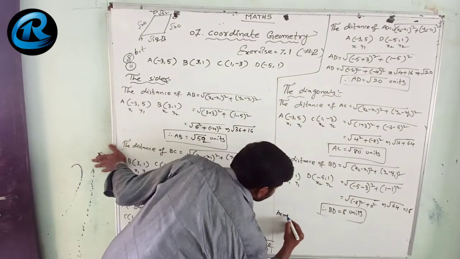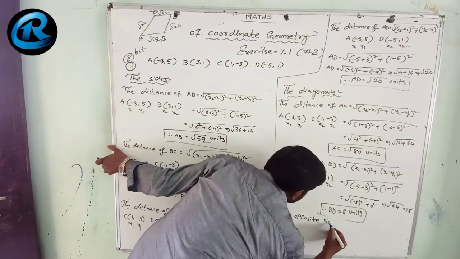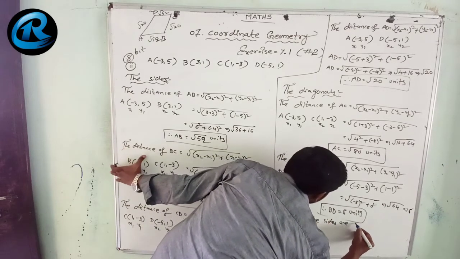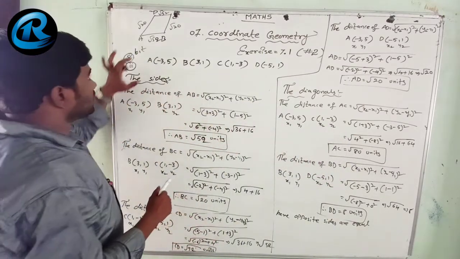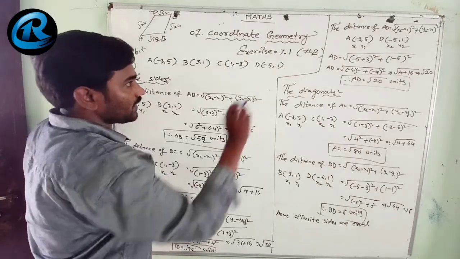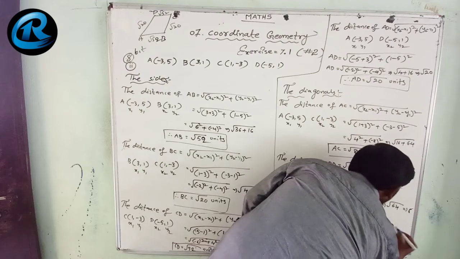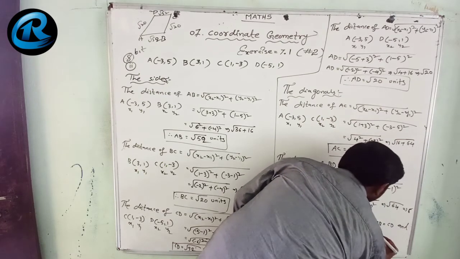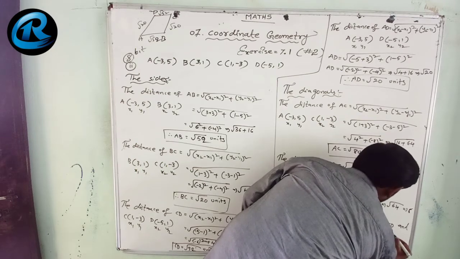That is, AB equal to CD and BC equal to AD or DA.